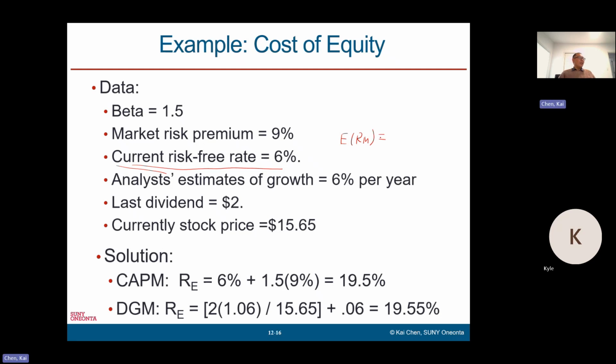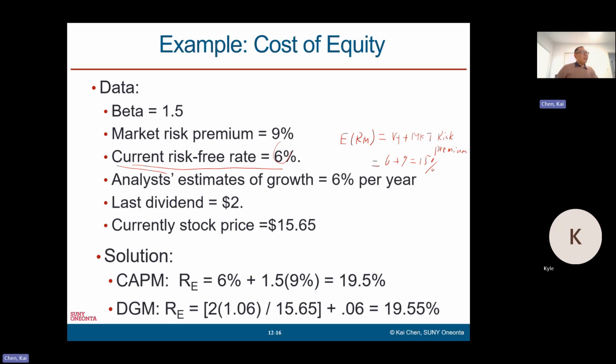Of course, it should be the risk-free rate plus the market risk premium. So it is risk-free rate 6% plus market risk premium 9%, that is 15%. So the expected return of the market portfolio is 15%, right?